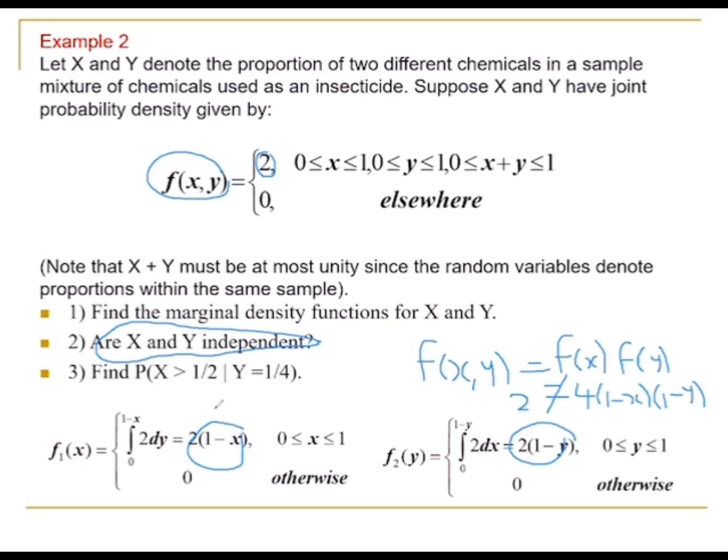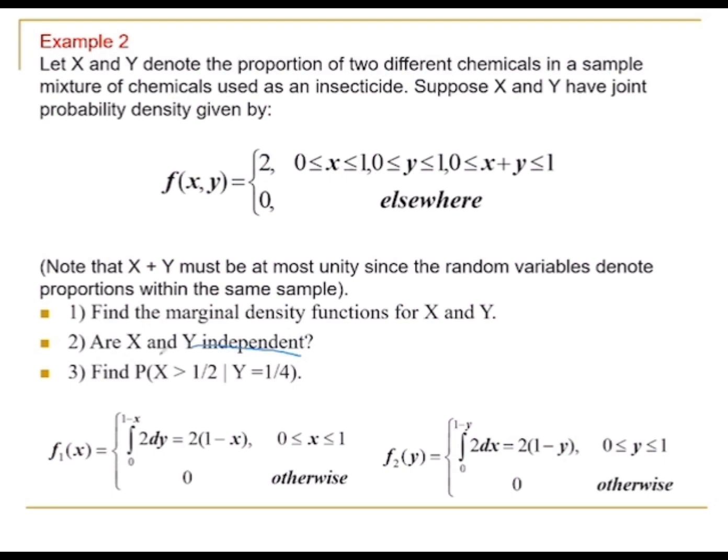The next question is asking you to find the probability of x greater than half given y equal to 1 over 4. Before that, what you need first is a conditional function, f of x given y. If you want to get that, it's basically the ratio of f of x comma y divided by f of y.